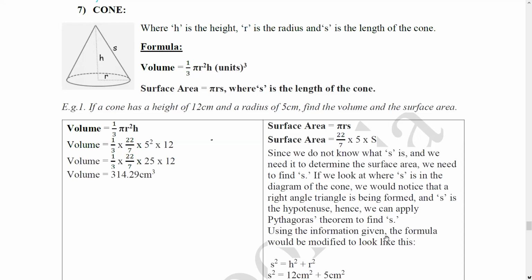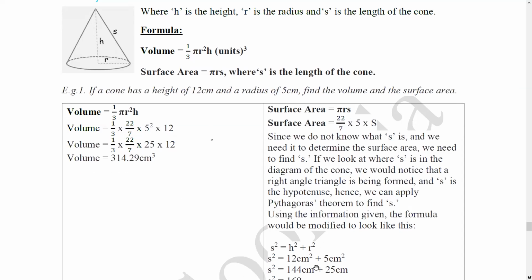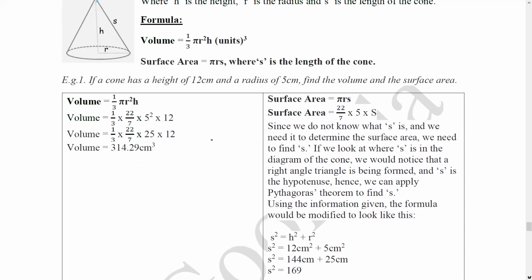So we can modify the formula a little bit to find s. So s squared is equal to h squared plus r squared. So s squared is equal to 12 centimeters squared plus 5 centimeters squared, which will be 144 plus 25, which will give us 169.